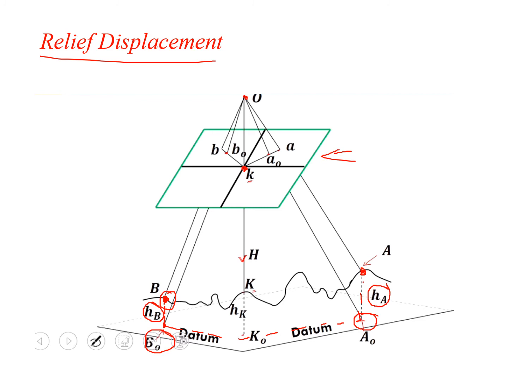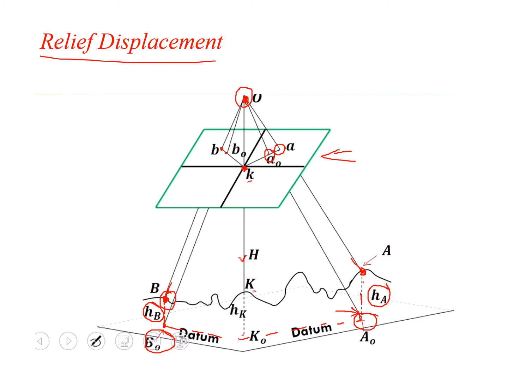Now from this, if I draw a ray passing through your exposure point, it will give the A point here on the positive image plane. Similarly, if I draw from the exposure point through this A0 point, it will give your A0 point here. Similarly for the B point, you get the capital B and a small b.